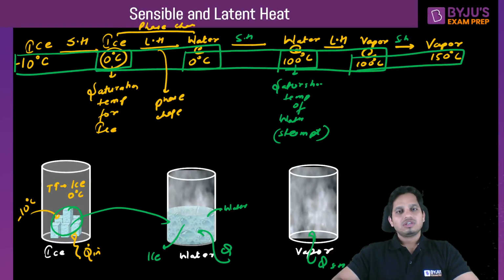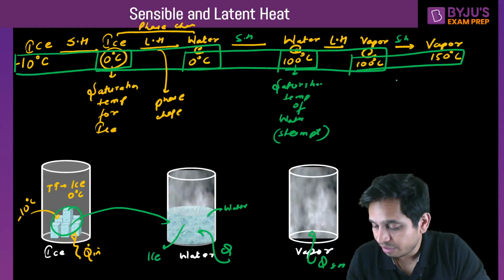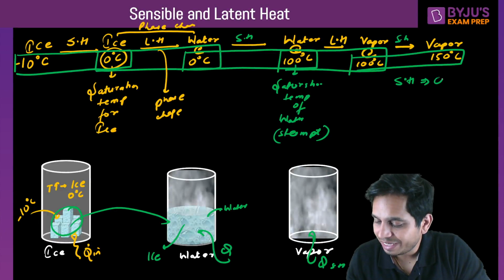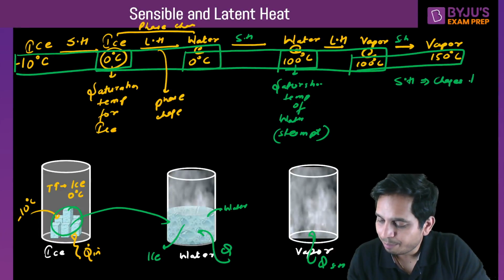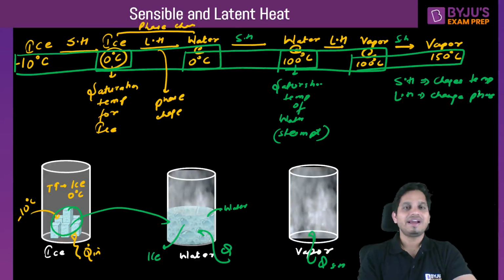Okay. So you have to understand, sensible heat changes temperature, latent heat changes phase, and temperature remains constant.